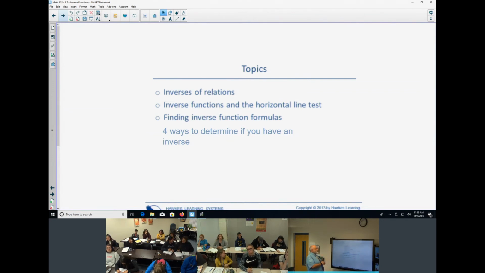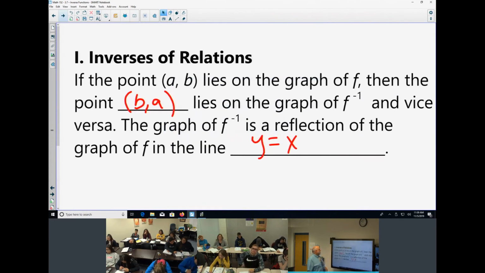So inverses of relations, inverse functions, and the horizontal line test, finding inverse function formulas, and then 4 ways to determine if you have an inverse. That's going to be what we're working on here. All right, so first of all, inverses of relations. If the point A, B lies on the graph of F, then the point B, A lies on the graph of F inverse.